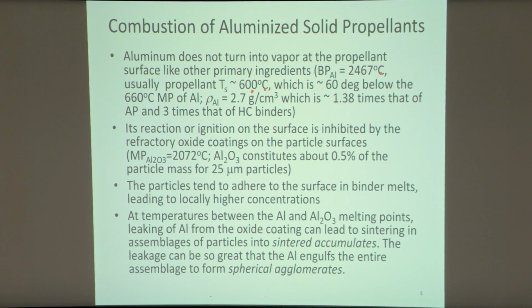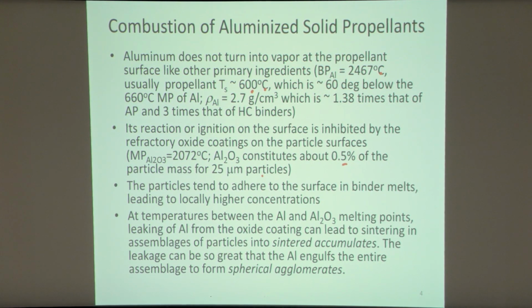Its reaction or ignition on the surface is inhibited by the refractory oxide coatings on the particle surfaces. The melting point of aluminum oxide is like 2,100 degrees C, and aluminum oxide constitutes about 0.5% of the particle mass for 25 micron particles. So you can see, obviously, if I'm in the micron size, then the oxide mass is very small.